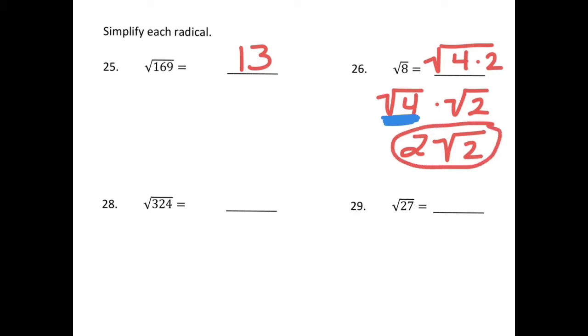Why? Because I took some part of the number inside of my square root and I solved at least a part of it. Now I have 324. This is a bigger number, and it is going to present a challenge. So what you can do is start just dividing by the factors.